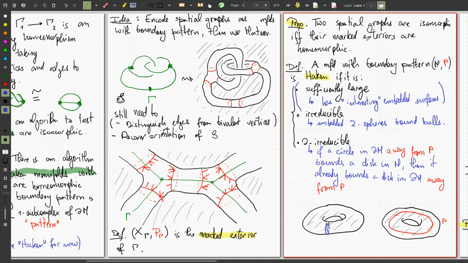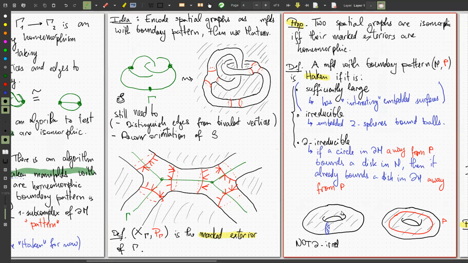So this on the left is not boundary irreducible. Whereas on the right-hand side, of course, you cannot construct any such disk.